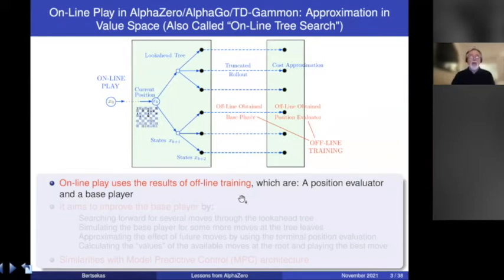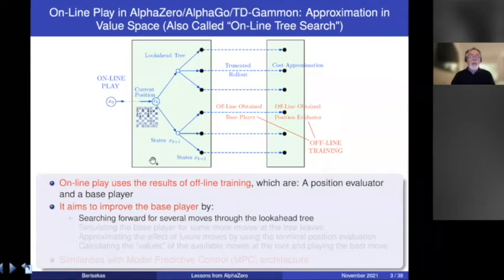So this is online play, but there is crucially used information provided by the offline training algorithm. And here, what we're trying to do is improve the base player, the one trained offline, by the following process.